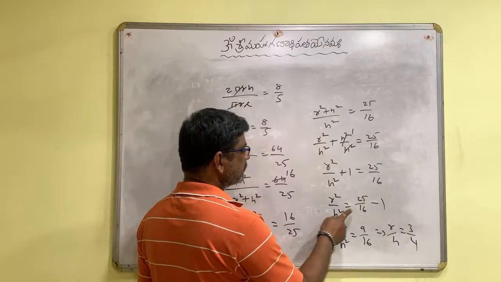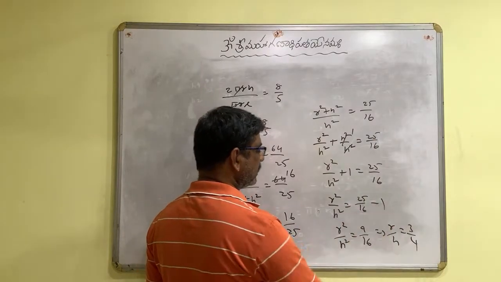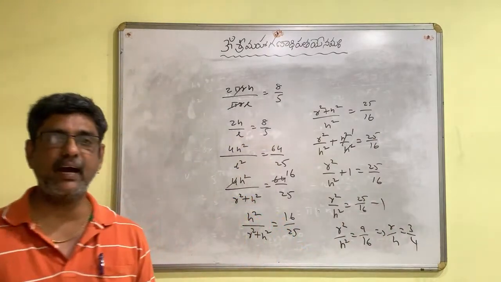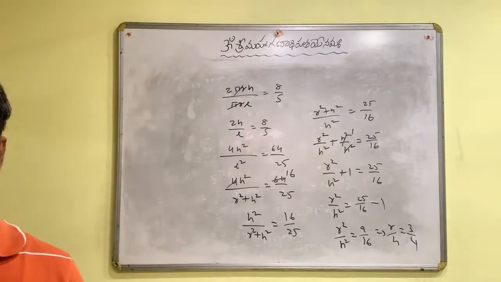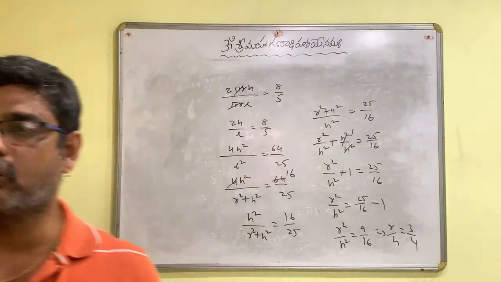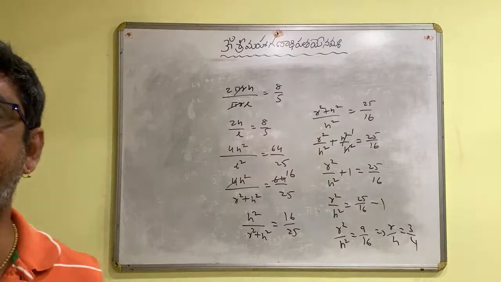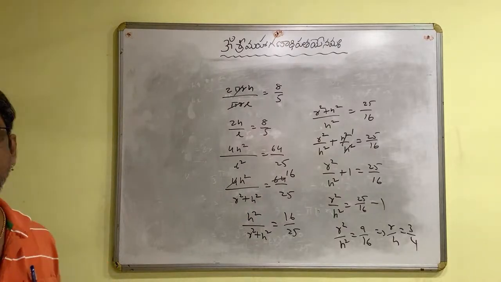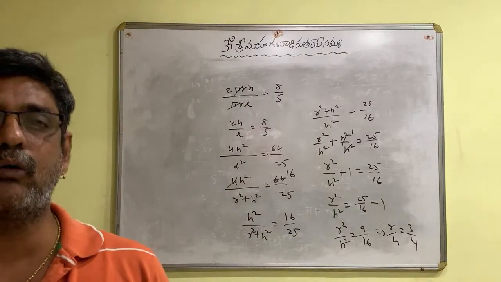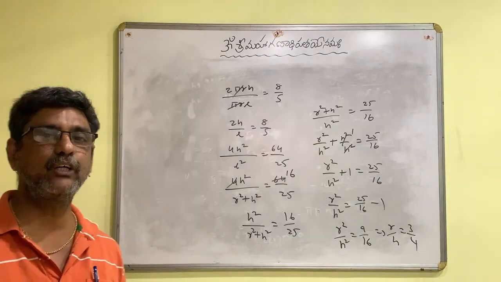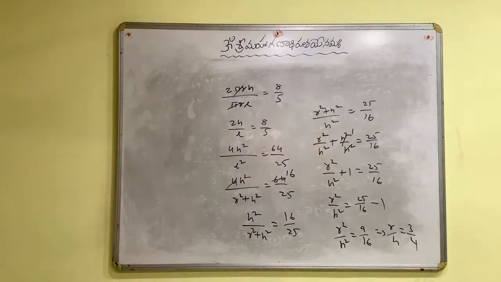R square by h square is equal to 25/16 minus 1. If you simplify, r square by h square is 9/16, r by h is equal to 3/4. So the ratio of radius and height of a cone and a cylinder is 3:4.